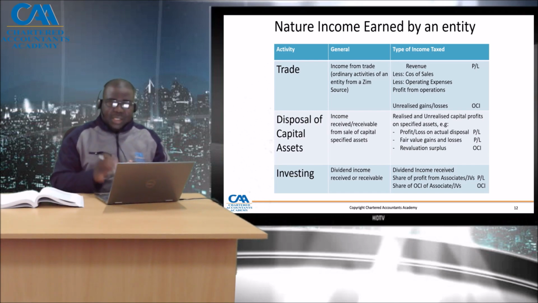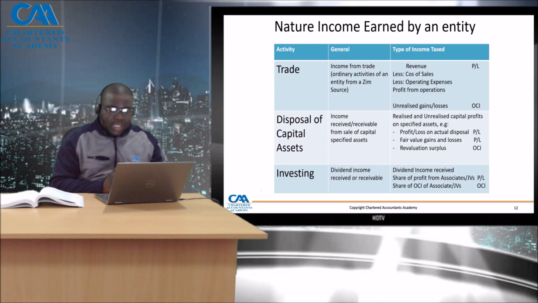We're talking about profit or loss on actual disposal, fair value gains and losses, some are in the profit and loss, some are in other comprehensive income, revaluation surpluses. We've got also investment income, which is dividend income, interests, or even royalties. But here we're mostly focusing on the dividend income.